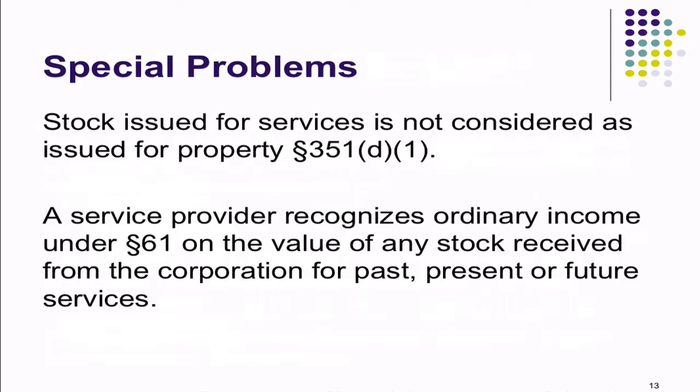A service provider, somebody who gives the corporation services, has, if they get stock back, ordinary income under Section 61, which you are familiar with now, on the value of any stock that they get back. So if I'm just providing services, I'm not doing anything else, when I get stock back, I'm going to have to pay taxes on that.